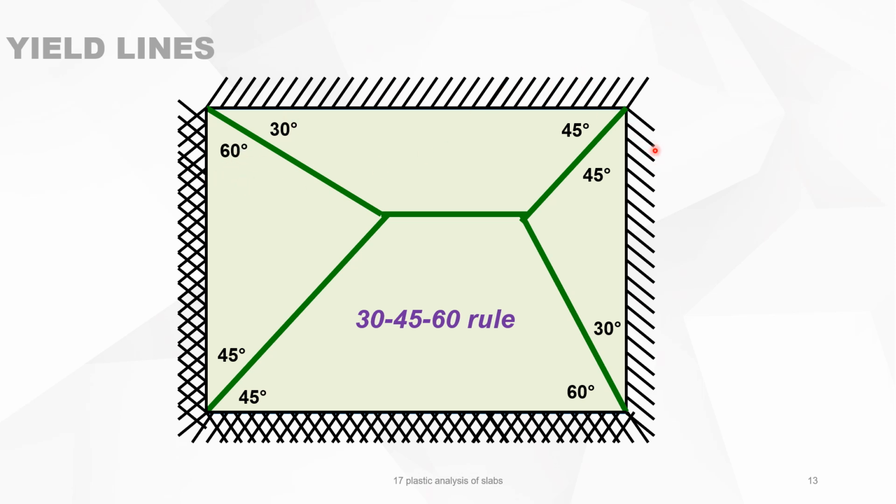When those two conditions are the same, for instance they are both hinged, then it's the bisector of it, so it means it's 45 degrees. Here again, you have hinged, clamped, so it means 30 at the side of the hinged and 60 at the side of the clamp. And when it's the same, then it's again 45 degrees. This we call the 30, 45, 60 degree rule.